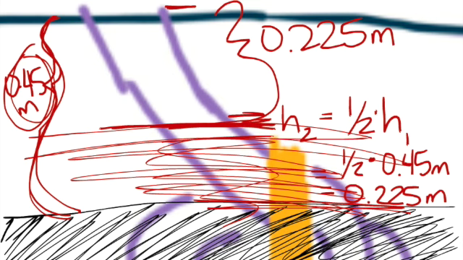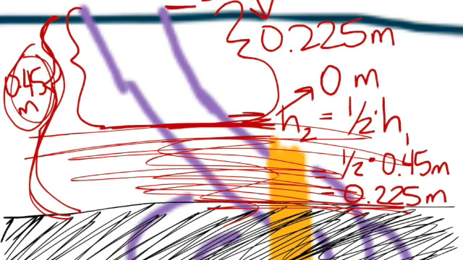So we'll be treating this half of the descent as kind of like a total descent. And so we'll say that this is at the height of 0.225 meters, and this is at the height of 0.